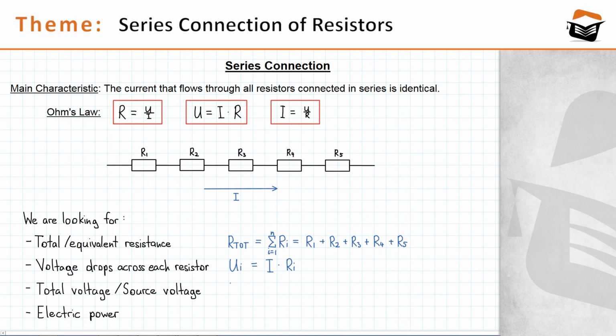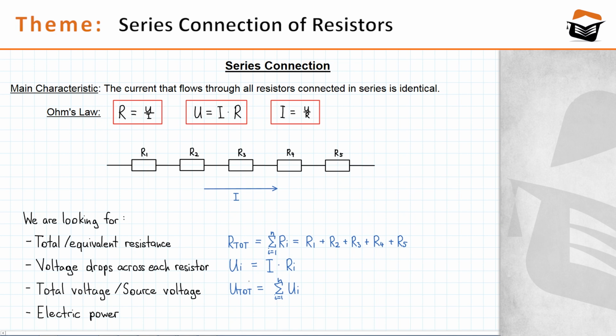So U_S or U_tot, depending on what you want to refer to, the total voltage is the sum of the voltage drops across all individual resistors, and the formula to compute the voltage drop is stated here.